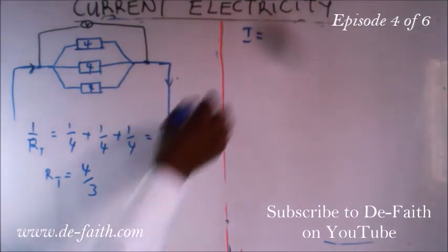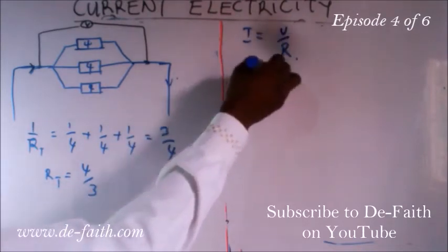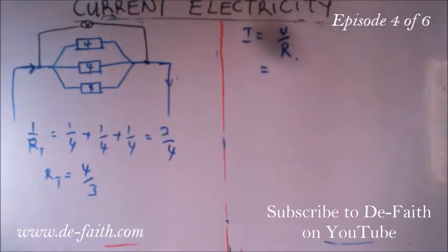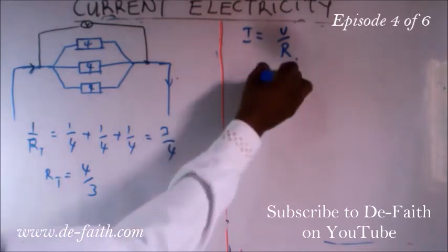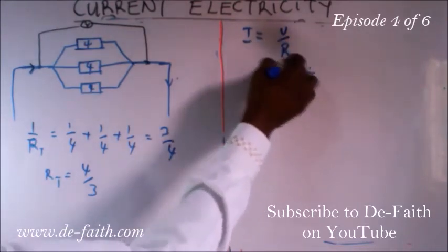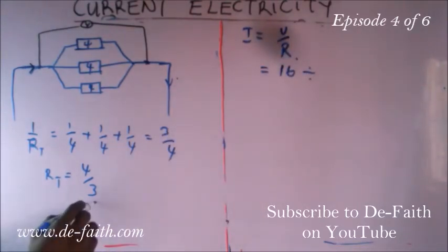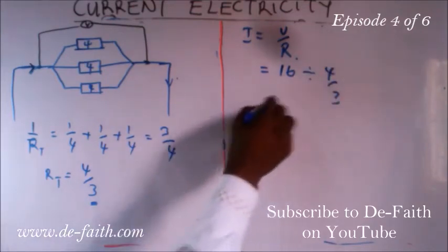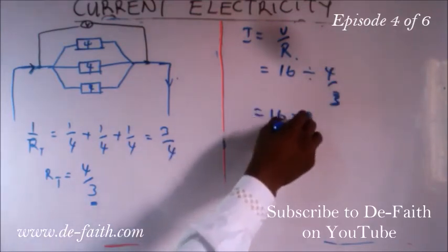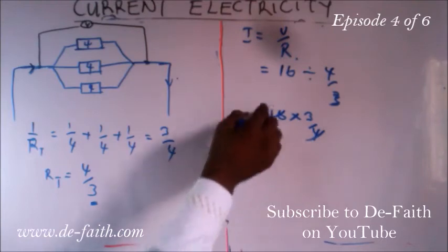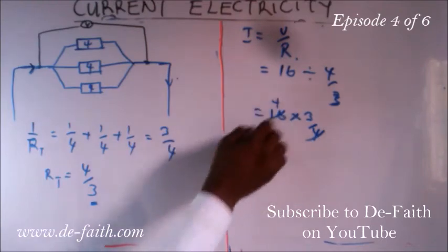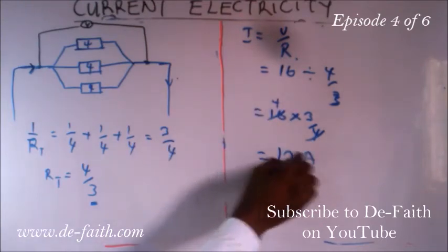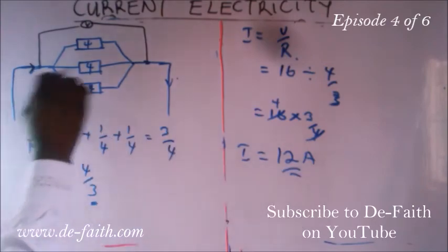Now we have that current equals voltage over resistance. Our voltage in the question is 16. So we have 16 divided by R, and our R is the total resistance, that is 4/3. So we have 16 multiplied by 3/4. 4 cancels 16, we have 4. So 4 times 3 gives us 12 ampere as the current that is flowing through the circuit.